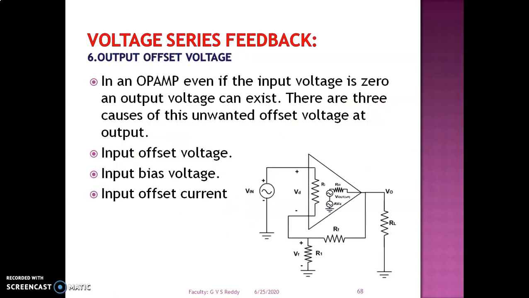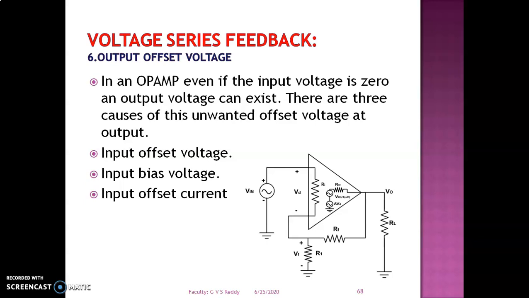Next characteristic of the voltage series feedback: output offset voltage. See, the offset voltage is some unwanted, that is undesired, DC which is present at output of the operational amplifier. So with feedback and without feedback, what about output offset voltage?